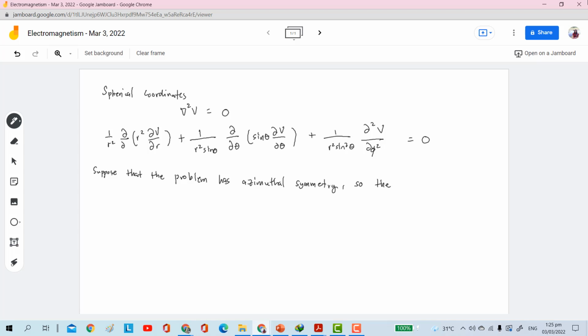When we assume that the problem has azimuthal symmetry, which is always the case in electromagnetic problems, the potential is independent of phi. Since the potential is not dependent on phi, if we differentiate it with respect to phi, we will get 0. So this term here will become 0.